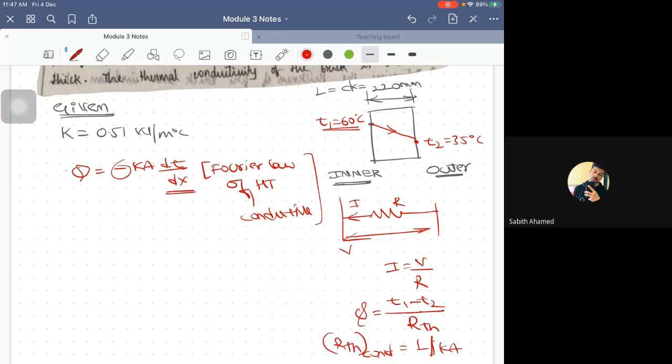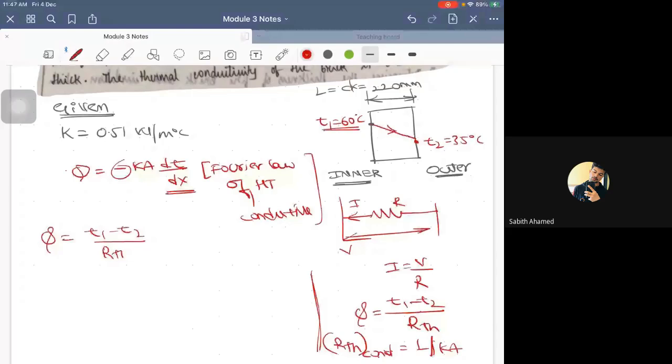So first, going with this analogy, how will you calculate? Q is equal to T1 minus T2 divided by R thermal. You can calculate R thermal first, that is L divided by KA. What is L?